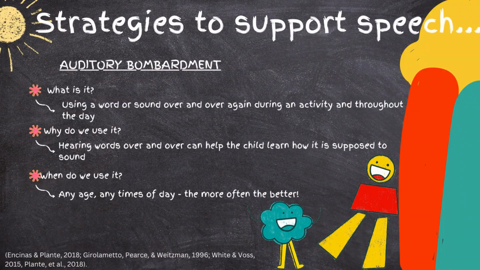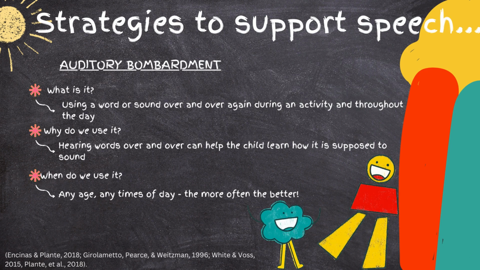Auditory bombardment is using a word or a sound over and over again during an activity and throughout the day. We can use it for children who have speech difficulty or grammatical difficulty because hearing words over and over is very important for learning new words and how they sound. The goal is that after hearing a word many times in many different activities, they'll start to use it on their own. You can use auditory bombardment with a child at any age.